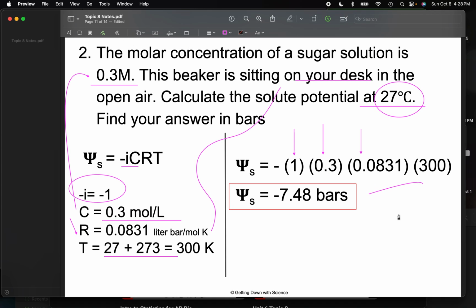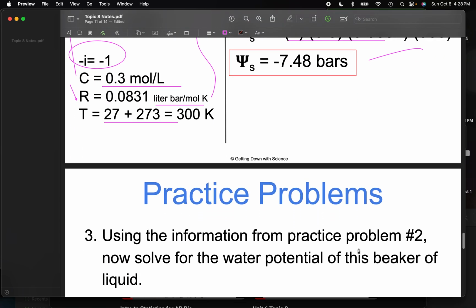Great. They look really complicated, all of these letters and these numbers, these crazy liter bar per mole per K units, they sound crazy, but a lot of it is just identifying your variables, plugging them into an equation, and solving.